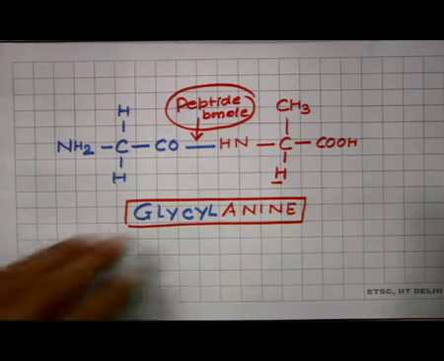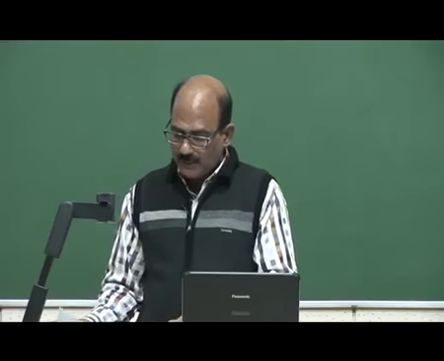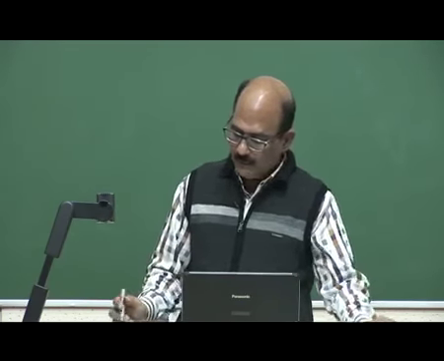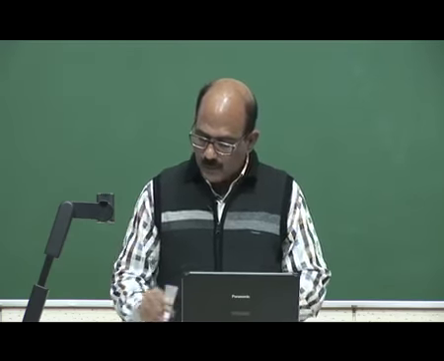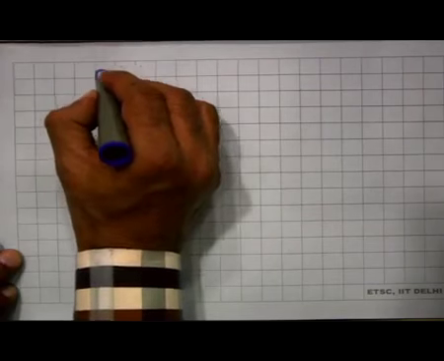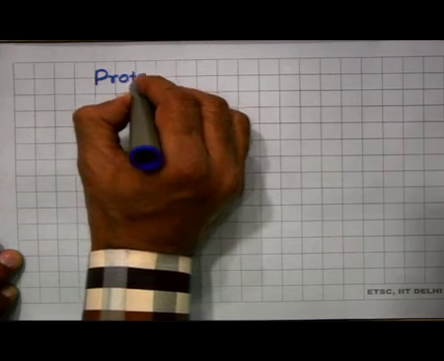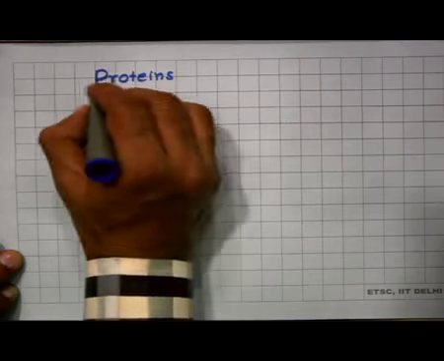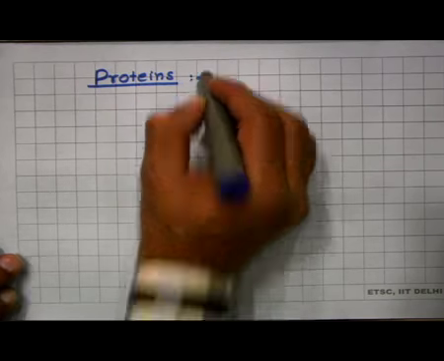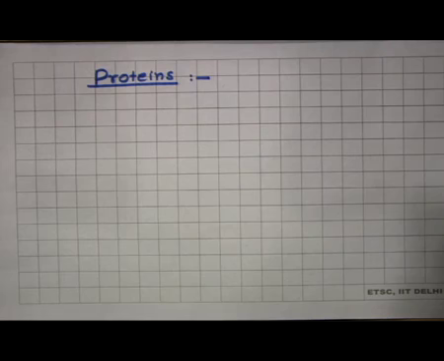Okay. Now, by the combination of different types of amino acids, different types of protein molecules are formed. So, we can easily say proteins are the polymers of amino acids. They are the most abundant biomolecules of the living system.